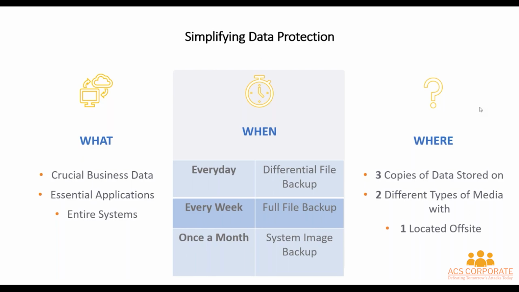Make sure that you have an idea of what's going on with the applications being used in that business, and then make sure that you have the systems that you really need protected. The entire systems, maybe the domain controller, file server, what have you. Make sure that you have a good image of that.